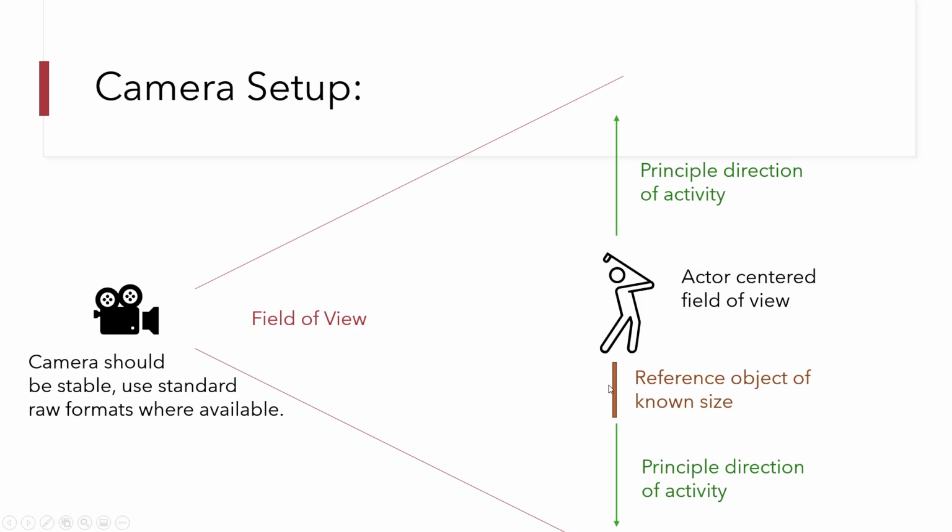That can be a yardstick, or it can be yourself if you have a pose that is fairly straight in at least one of the frames of your video or at the start of your video, just so you can transform each pixel into a certain distance, so that the distance from pixel 1 to pixel 2 or pixel 1 to pixel 100 is some known distance, and you can calibrate all of that image data. And you want to make sure that whatever motion you're recording is going primarily perpendicular to the camera.